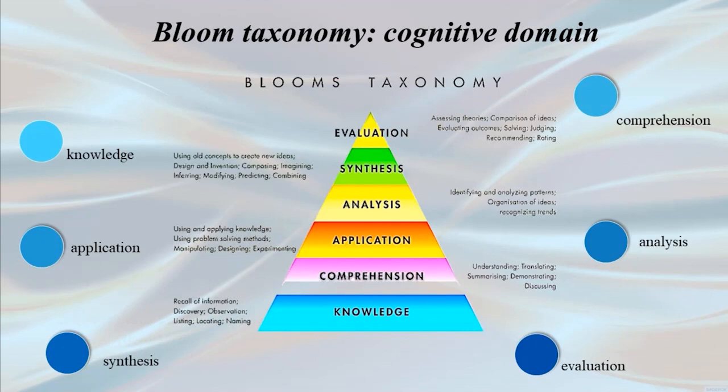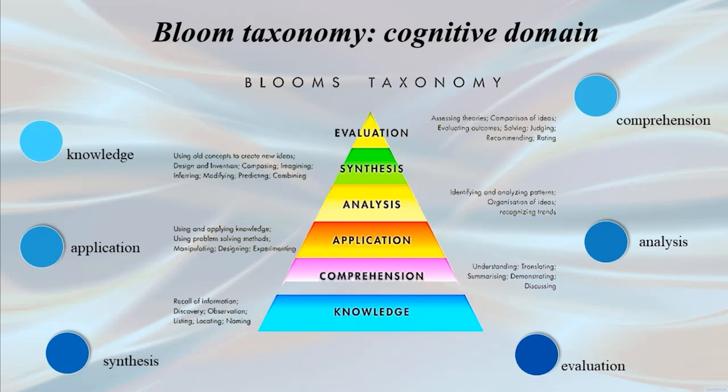So Bloom classified cognitive learning in six major categories, including knowledge, comprehension, application, analysis, synthesis, and evaluation. This taxonomy shows learning objectives classified in a hierarchical fashion from the lowest, which is knowledge, to the highest, which is evaluation.